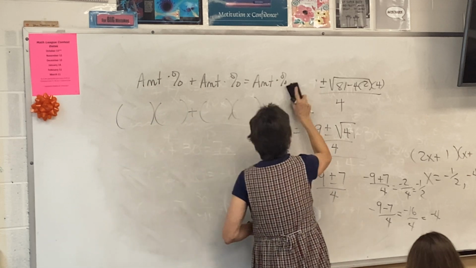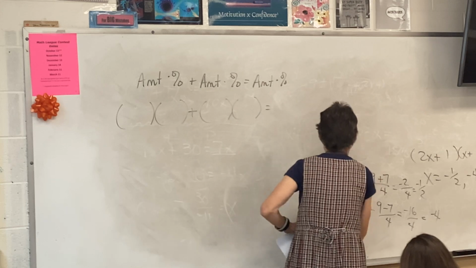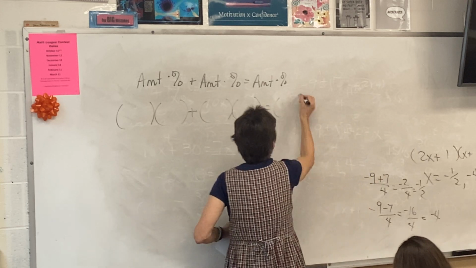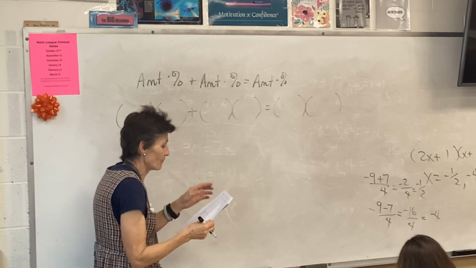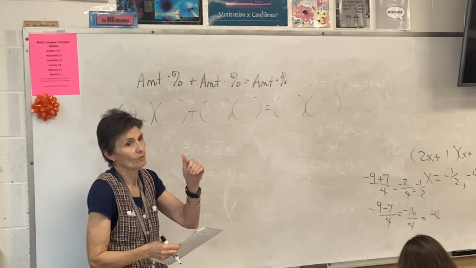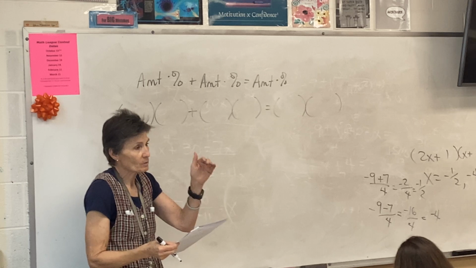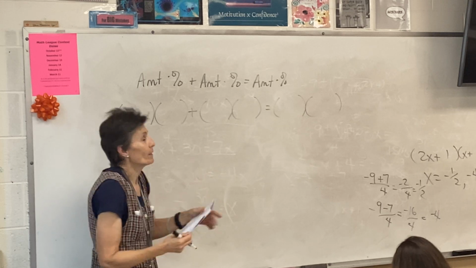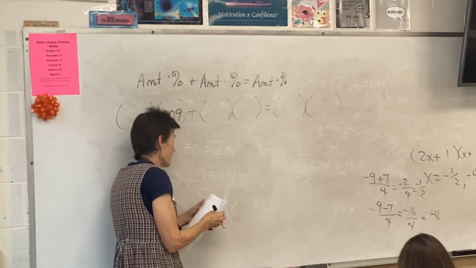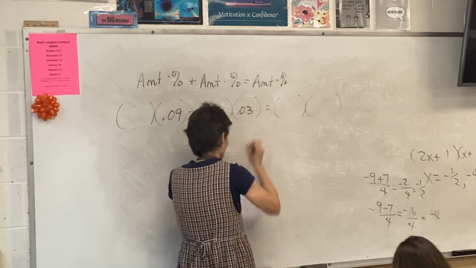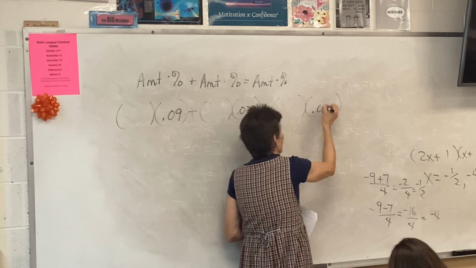X equals... I always like to put my percentages in first, but be really, really careful, guys. 9% is 0.09. And 0.03 and 0.05.